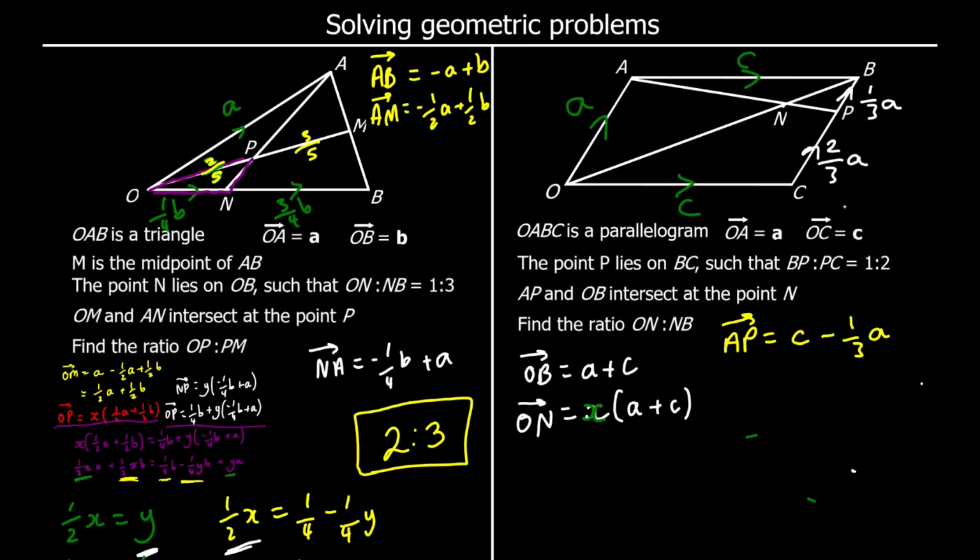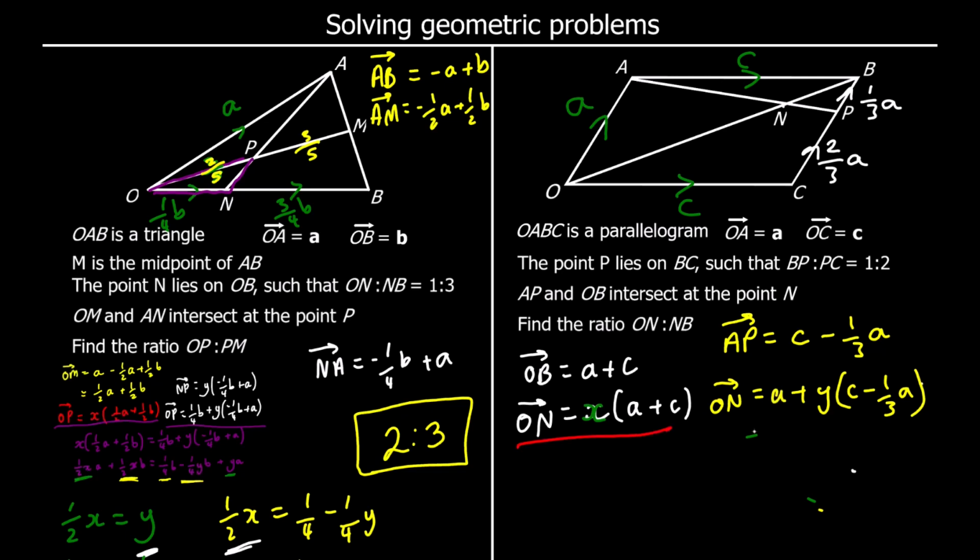So I can say O to N is a, and then a fraction of A to P. Let's call it y. So y times (c minus 1/3 a).